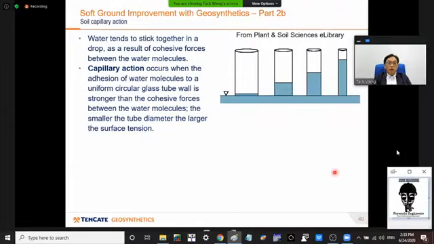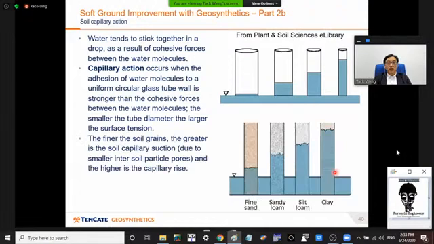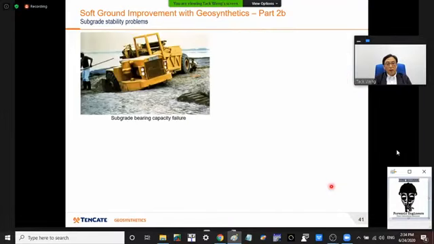And the smaller the tube diameter, the larger is the surface tension, and the higher the rise. In soils, the same thing happens, and this is because the finer the soil grains, the smaller the paths, and the greater the soil capillary suction, and the higher is the capillary rise, as in clay, which has the smallest grain size.